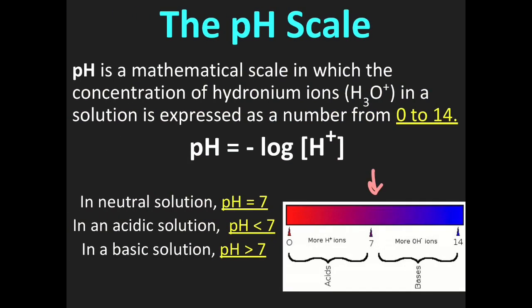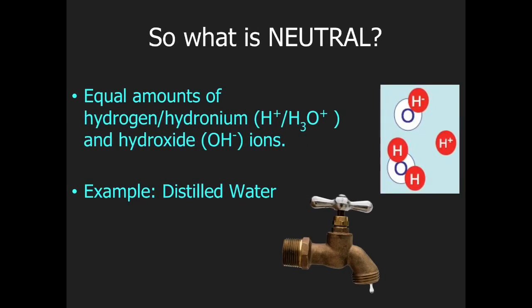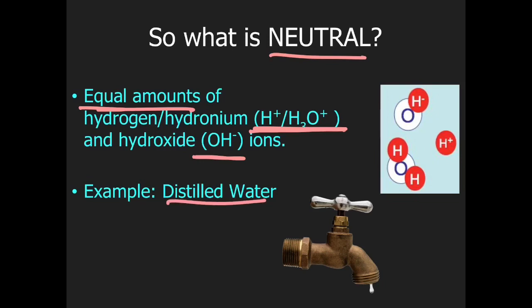So if we have more hydrogen ions on the left and more hydroxide ions on the right, what exactly is neutral? Neutral will be equal amounts of hydronium or hydrogen, remember we said these two are basically interchangeable as we're talking about acids, and a hydroxide. So you have equal amounts. For example, distilled water. A lot of you used water for pH 7.